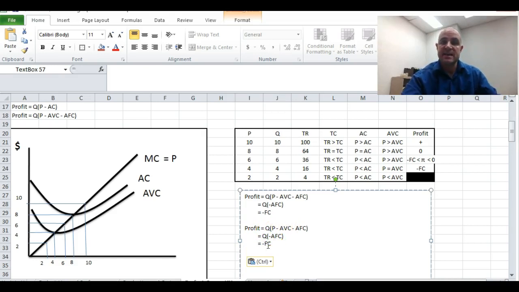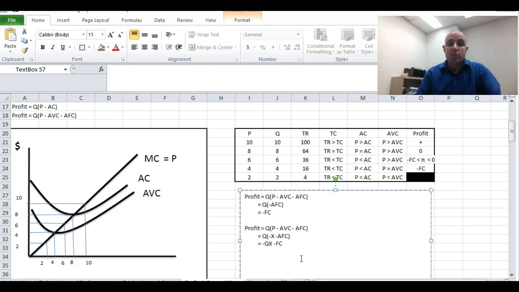So price minus average variable cost, because the average variable cost is greater, it's going to be some minus A, or minus X. So our profit is going to be minus QX minus your fixed costs.